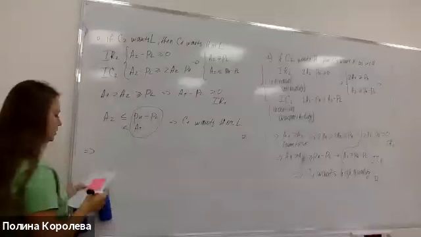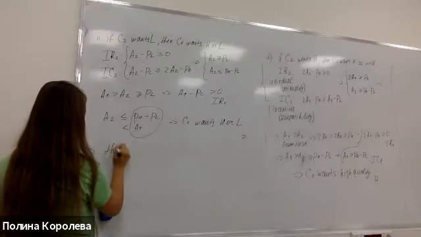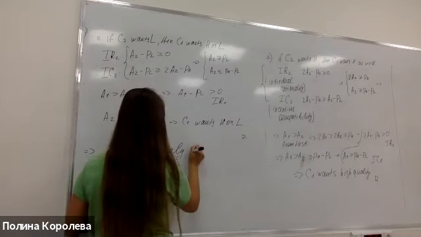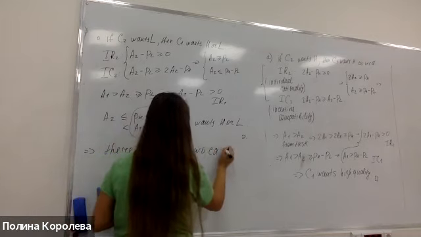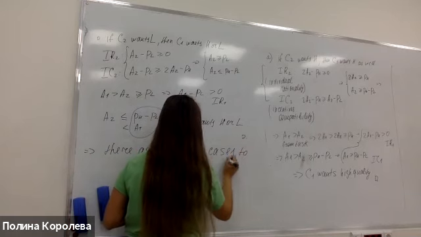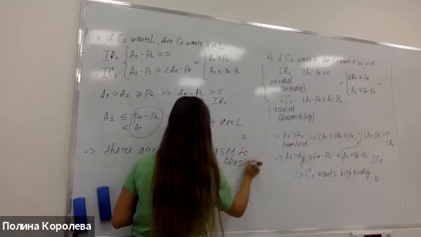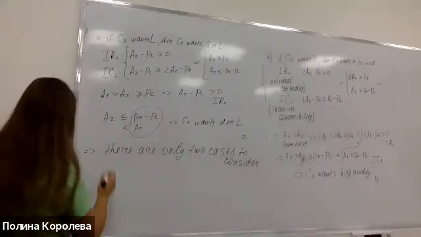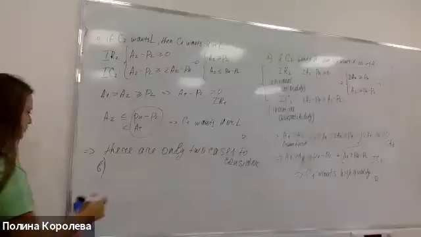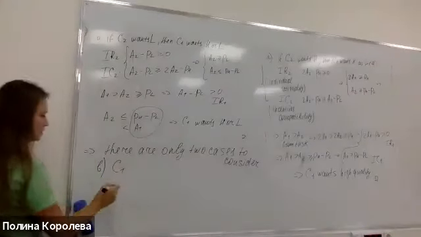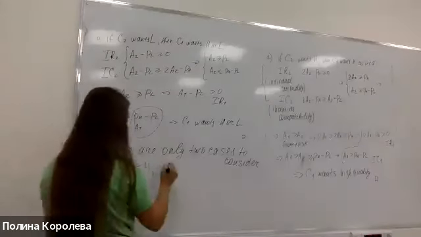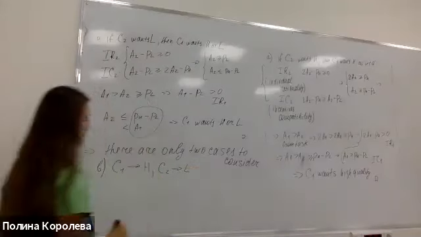Let's write down them. There are only two cases to consider. Case B, to sell high quality to the first consumer and low quality to the second consumer.